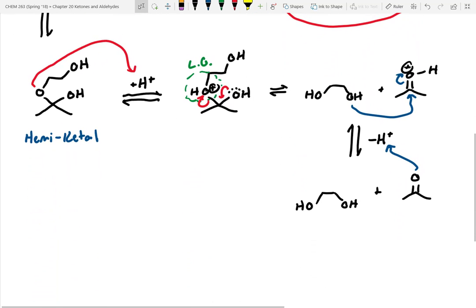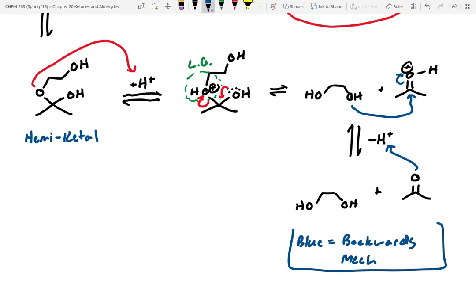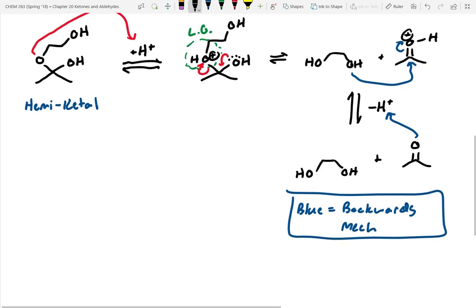Let me just make a note that blue equals backwards. Let's make a couple of other notes, though.